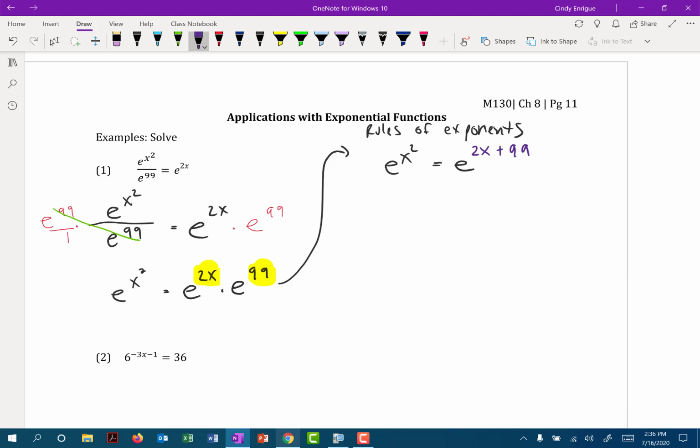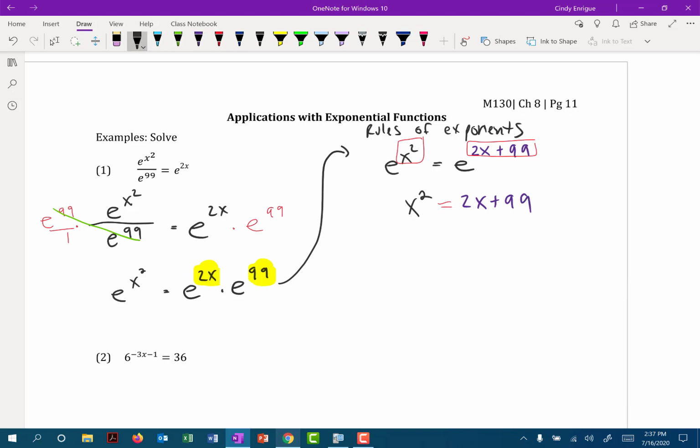So now, if my bases are both e, then all I have to worry about are my exponents. The exponents must be equal. So this means that x squared is equal to 2x plus 99.